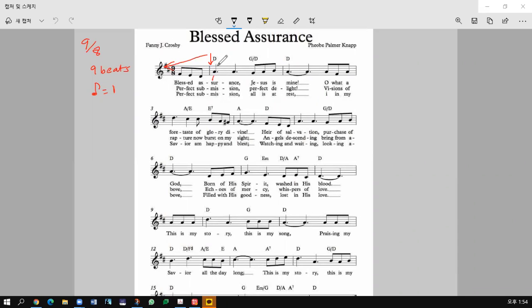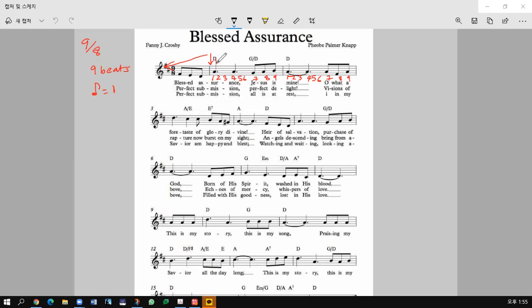This is how many eighth notes? 3, right? 1, 2, 3, 4, 5, 6, 7, 8, 9, right? 1, 2, 3, another dotted quarter, 4, 5, 6, 7, 8, 9. So each measure satisfies 9 beats, right?